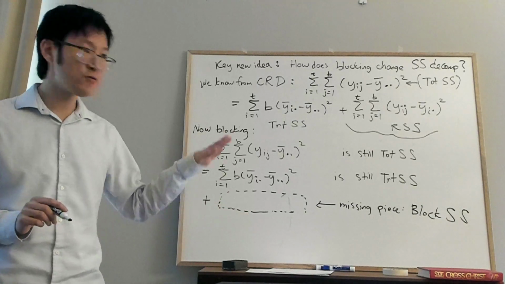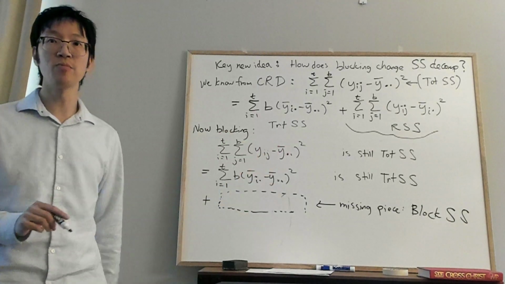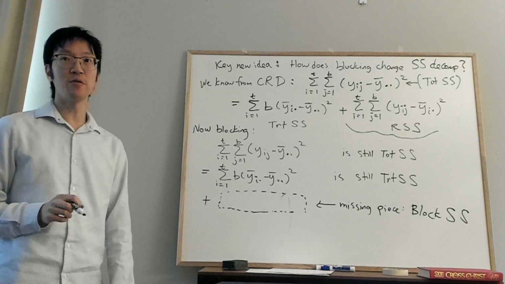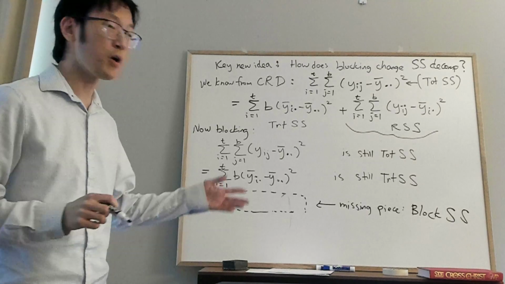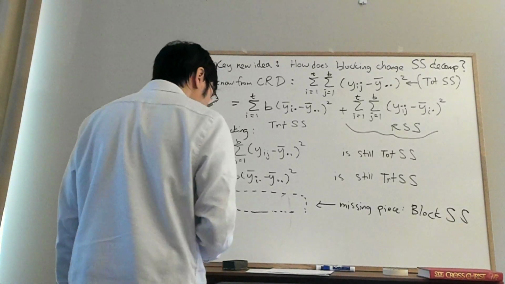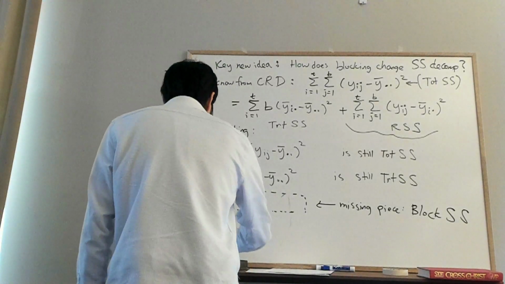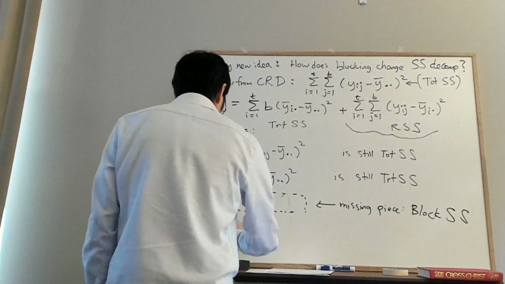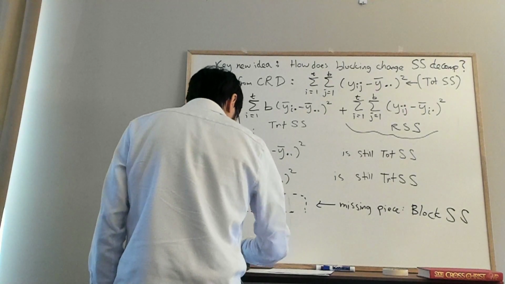We found the degrees of freedom was t minus 1 times b minus 1, and to the right of that was a double summation, and that is the residual sum of squares. So we know what that is already, so let's write it here. We already know from the last slide, which is now erased, that the residual sum of squares looks like this.